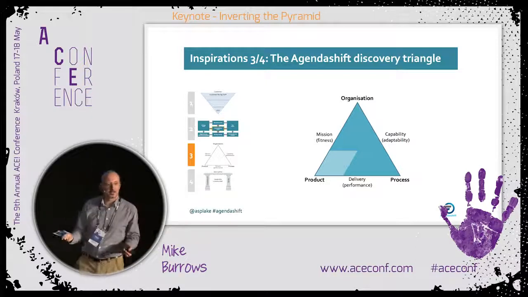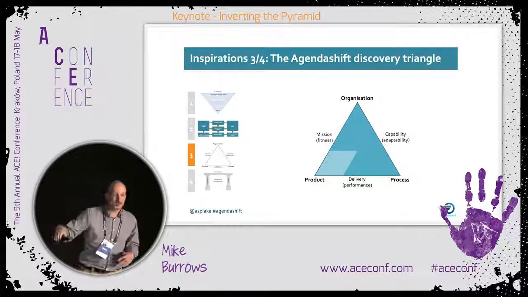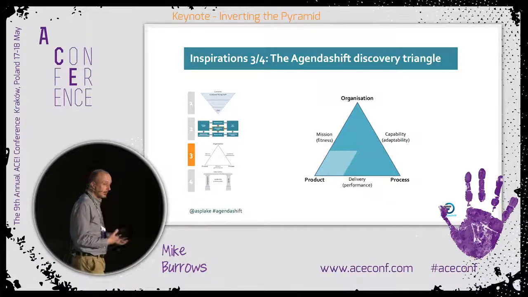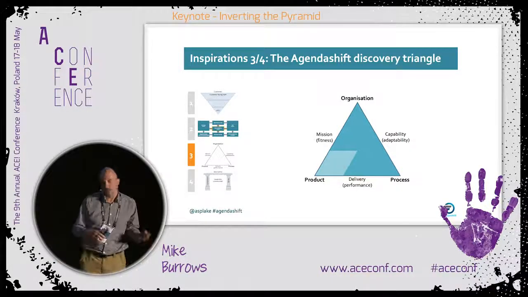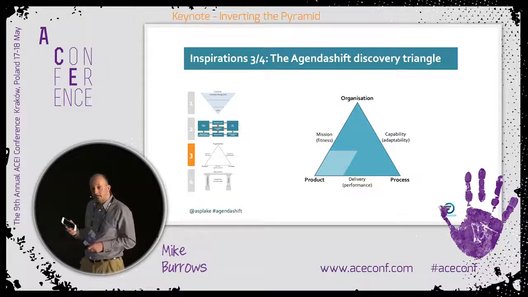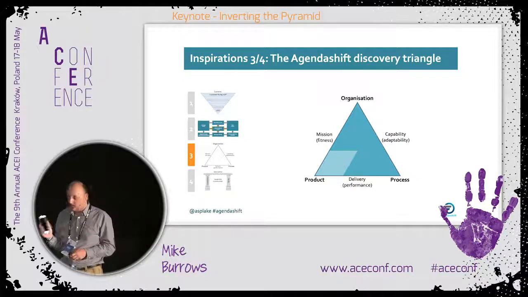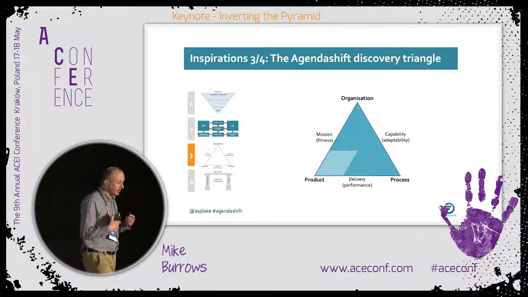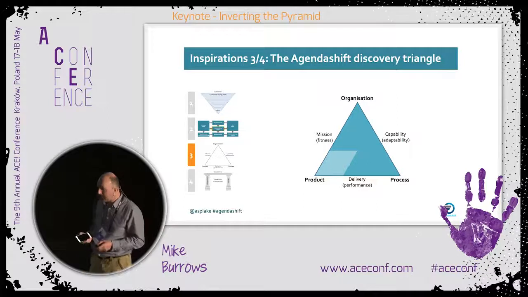If you buy a Tesla now, you're not buying just the car, you're buying into the charging stations and everything else that goes with it. You start to worry about how your car is going to be maintained, serviced, and so on. To an extent, you even start to worry about the organization. What kind of mission does it have? What kind of values does it have? And so on.